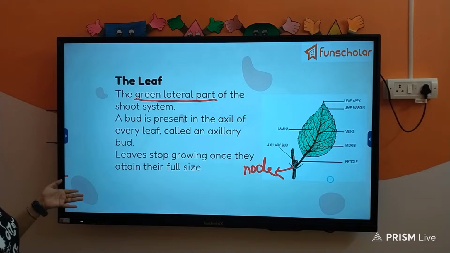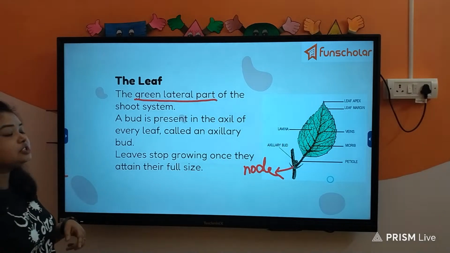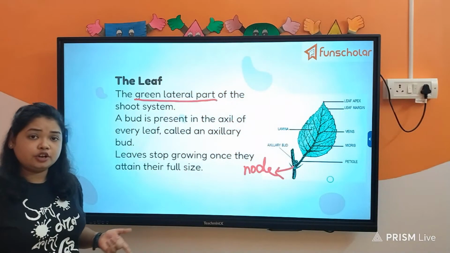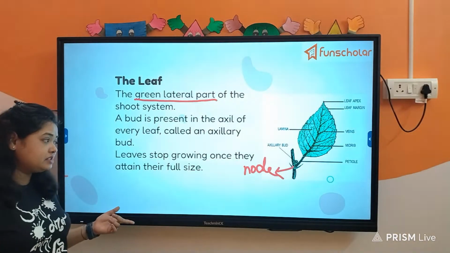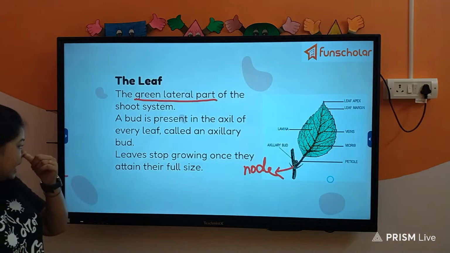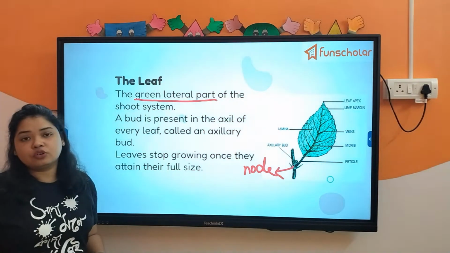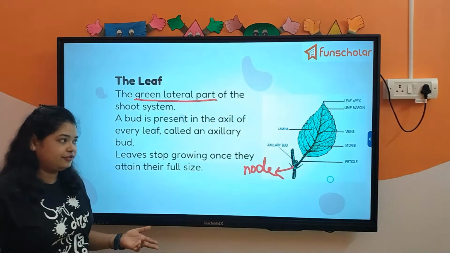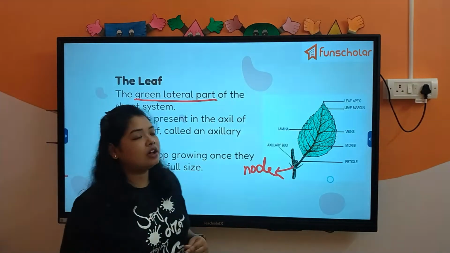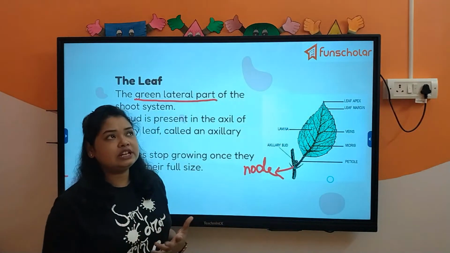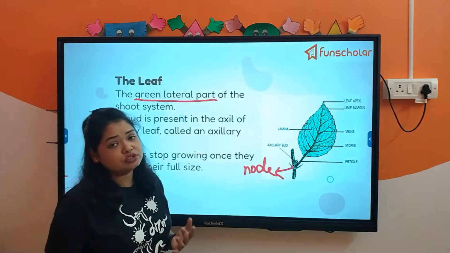Now, leaves grow up to a certain size. It depends on the species of the plant of which the leaf is a part, and once they attain their full size, they stop growing. They do not grow for their whole life. Leaves also age with time. We also know that.